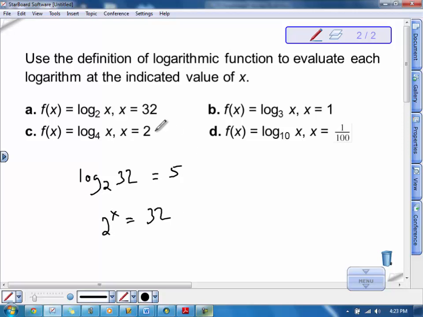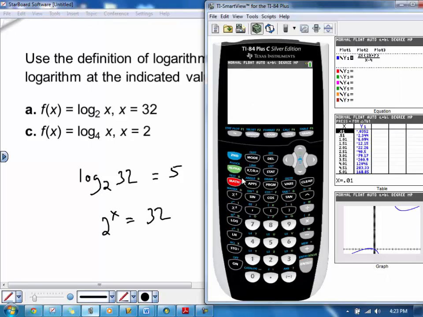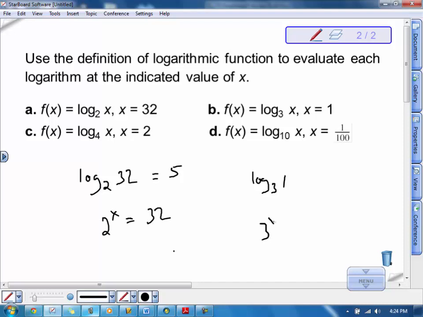Okay. So the rest of these, real quick, you can just enter them in. Log base 3 of 1 for part B. You can evaluate that in your calculator. In your math, scroll to the bottom, log base. Base 3 of 1 gives you 0. So basically, what would you raise 3 to get 1?